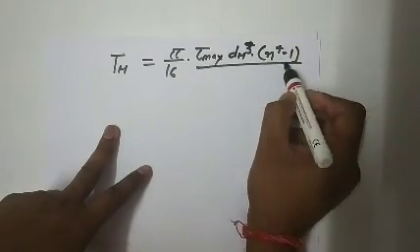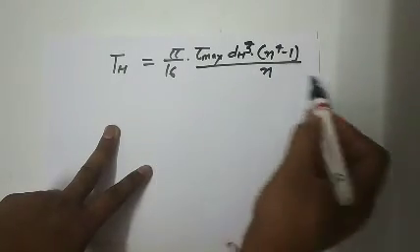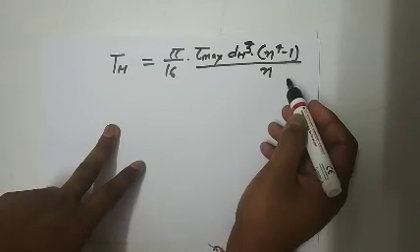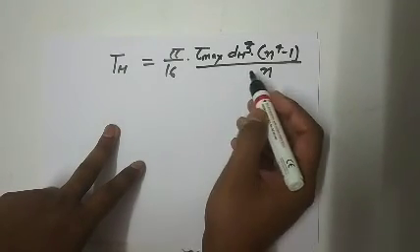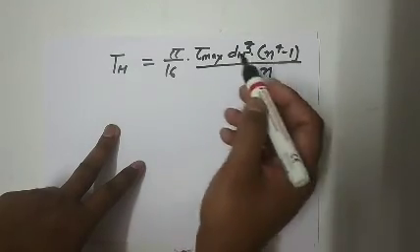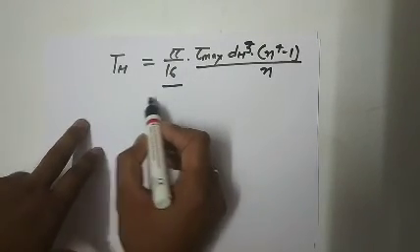Dh cube into n to the power 4 minus 1 upon n, right? Where n equal to capital Dh upon small dh, that is n denoting the ratio of outer dia to the inner dia, right?